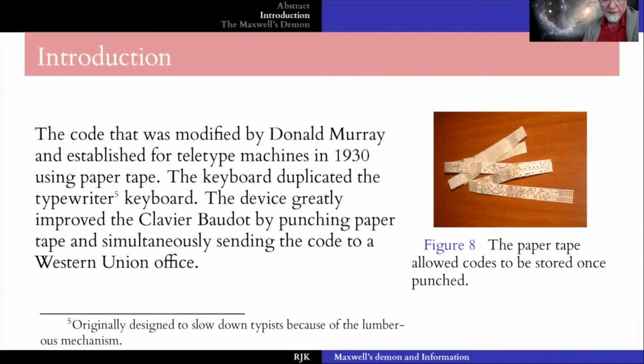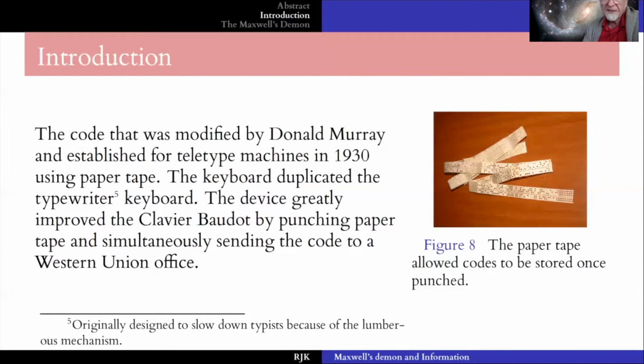The keyboard duplicated the typewriter keyboard that was done earlier, and the device greatly improved the Clavier Baudot by punching paper tape and simultaneously sending the code to a Western Union office.